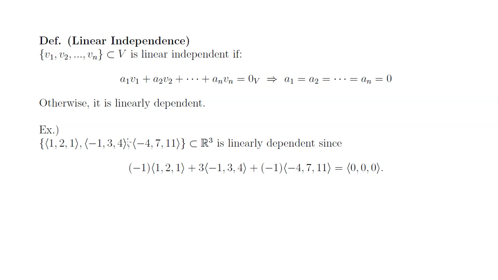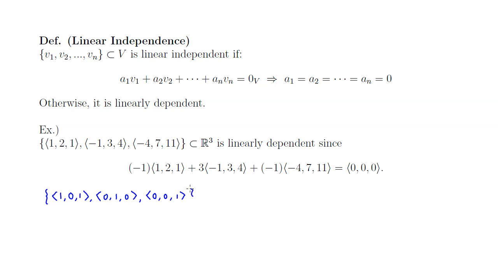Right? So what are the vectors that are linearly independent? The most obvious ones: if you take the vectors (1, 0, 0), (0, 1, 0), and (0, 0, 1).